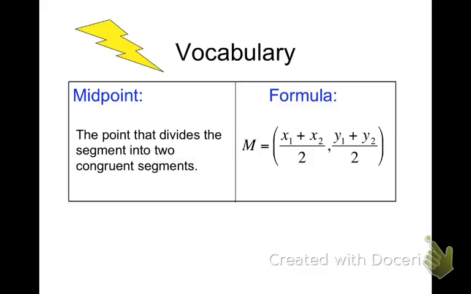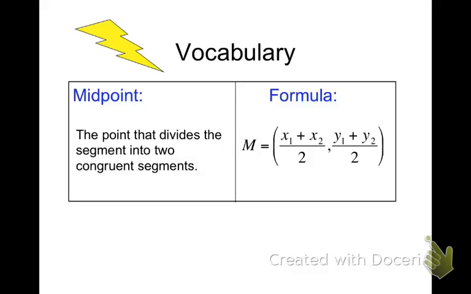What's the middle of 3 and 7? Make a number line. 3, 4, 5, 6, 7. What number would be in the middle of 3 and 7? 5.